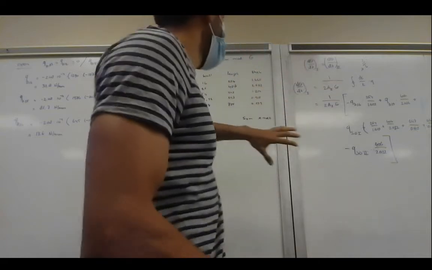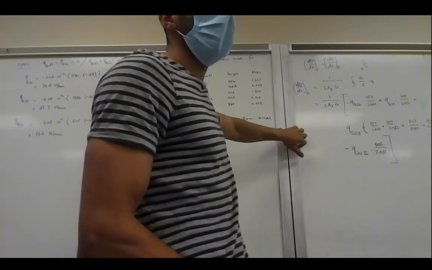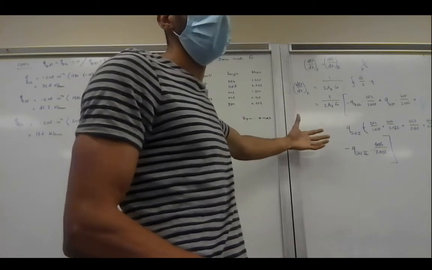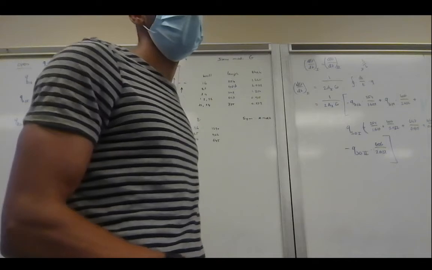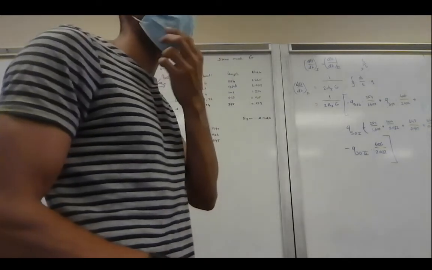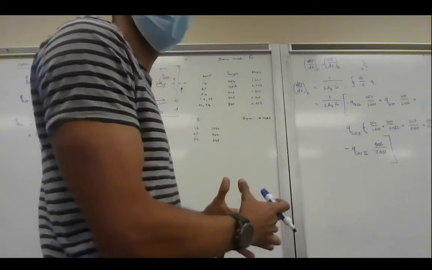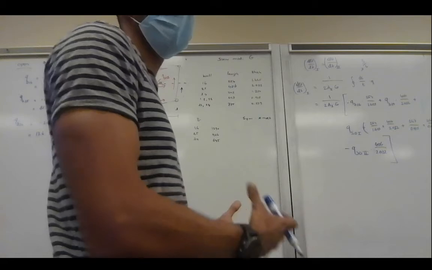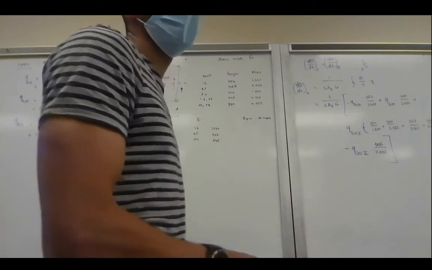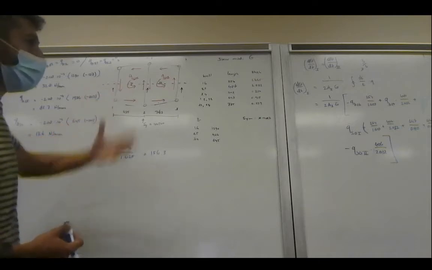We do this to come up with an additional equation that we can use in our moment equivalence to solve the problem. So it would be there, but we don't need it. You can calculate the rate of twist of that segment, but you would not need it to solve the problem, unless I asked you to calculate the rate of twist of that segment.